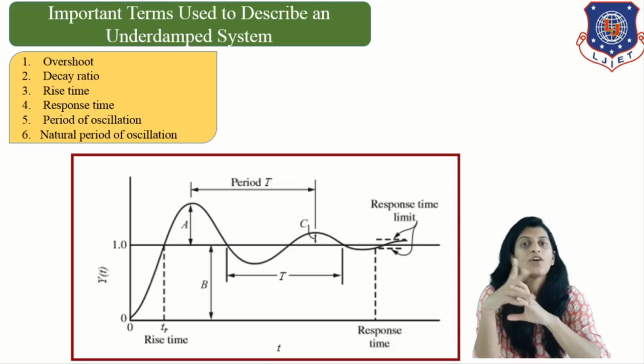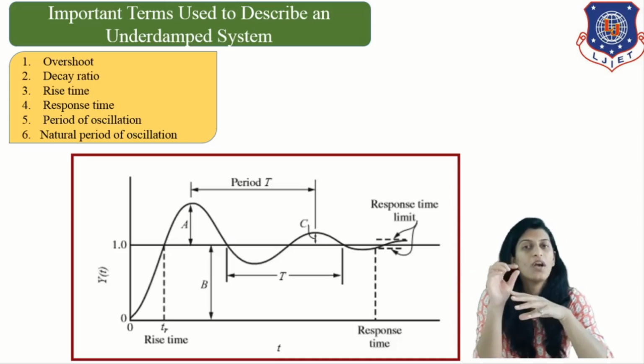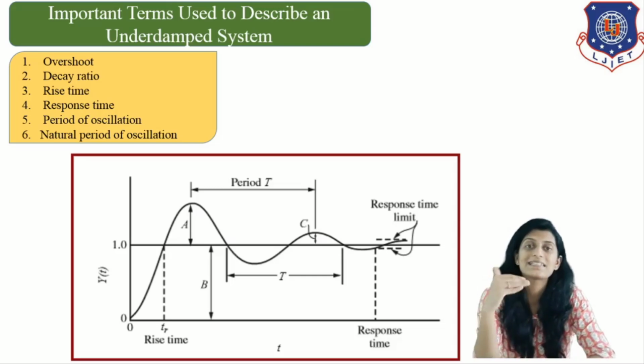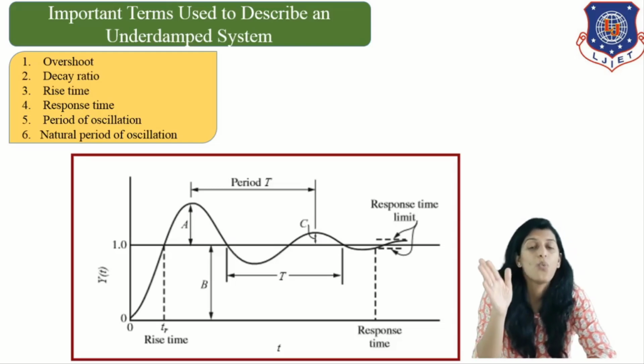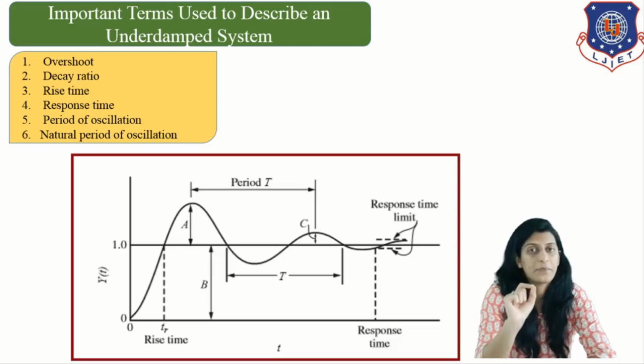When the value of zeta or damping factor is less than 1, the system is said to be under damped. When zeta is greater than 1, the system is said to be over damped. And when zeta is equal to 1, the system is said to be critically damped.